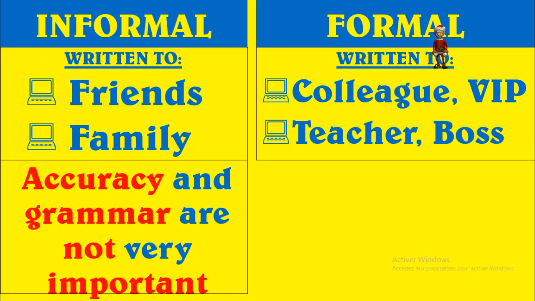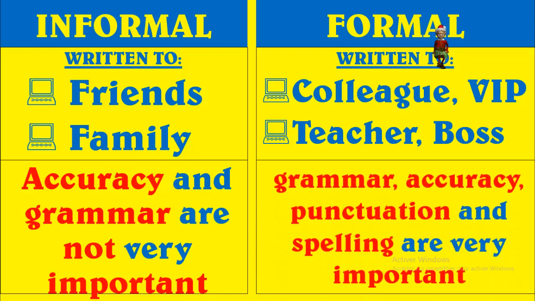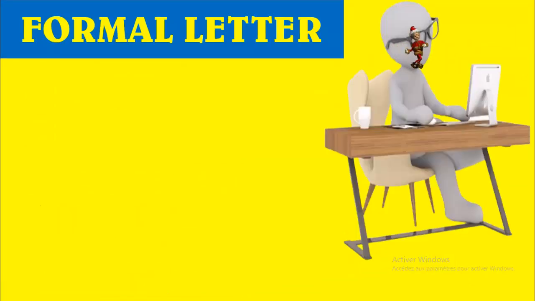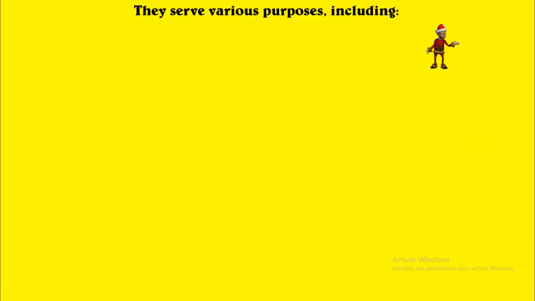Now, informal letter, accuracy and grammar are not very important. Whereas in formal letter, grammar is very important. Accuracy is very important. Don't forget punctuation and spelling. They are very important. Formal letter writing now.